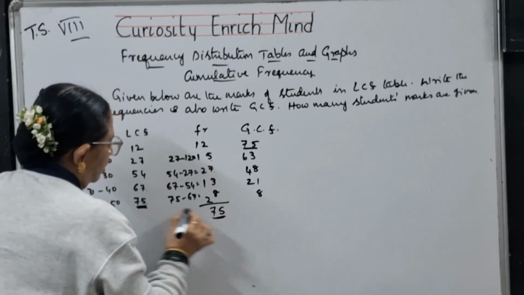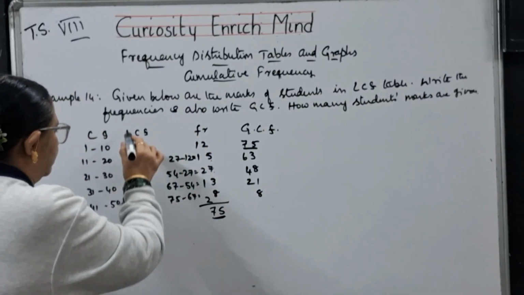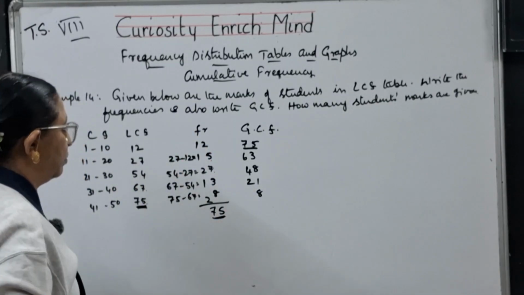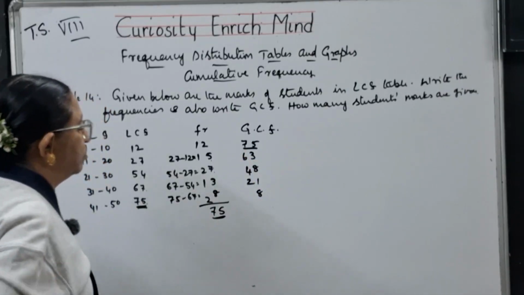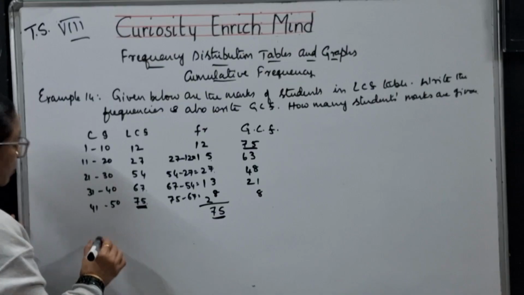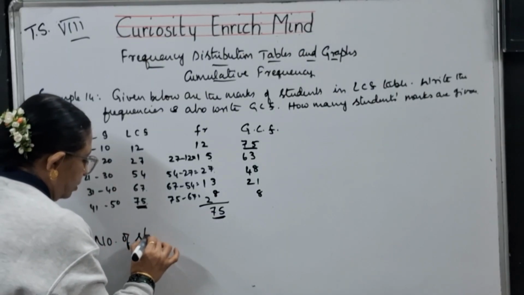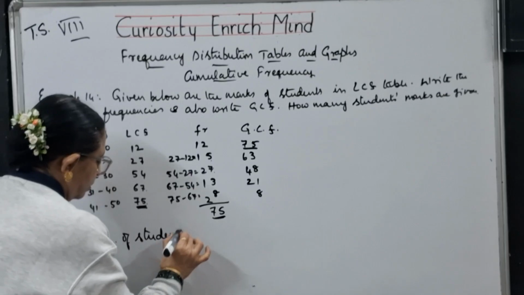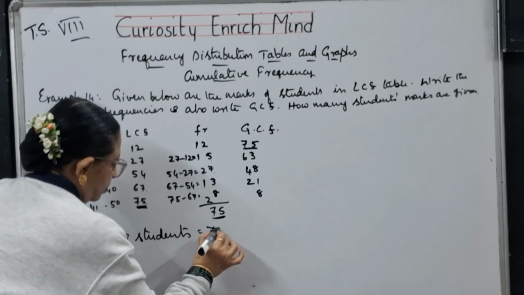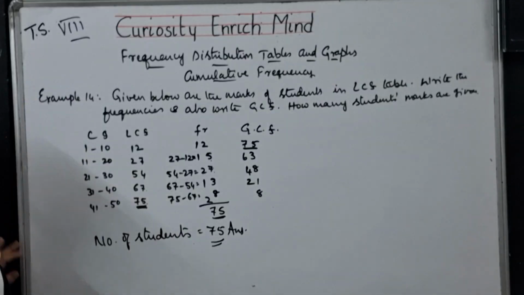See, all these are the same. The sum of the frequencies, the highest value in less than cumulative frequency, and the highest value in greater than cumulative frequency should be the same. So the number of students is nothing but 75. This is the answer, children.